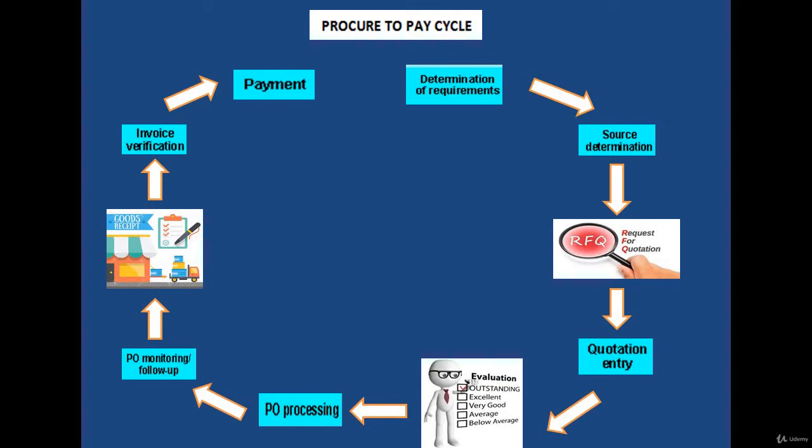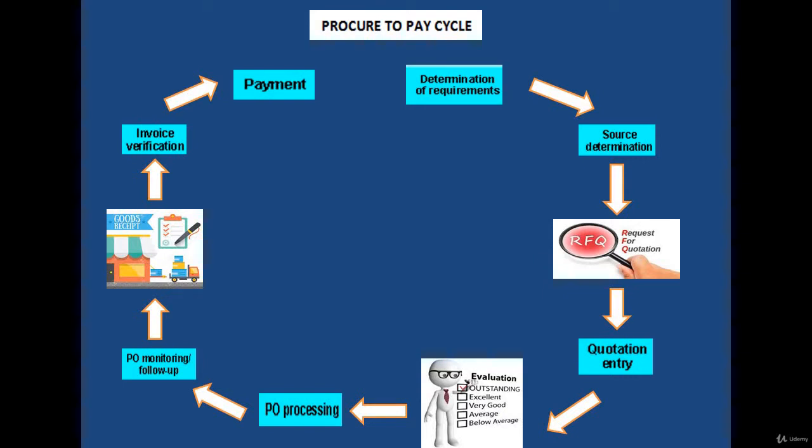payment, making payment to the vendor. So once the vendor invoice is found satisfactory by the company, especially by the procurement team, it recommends the FI or accounting team to make payment to the vendor for this particular invoice.